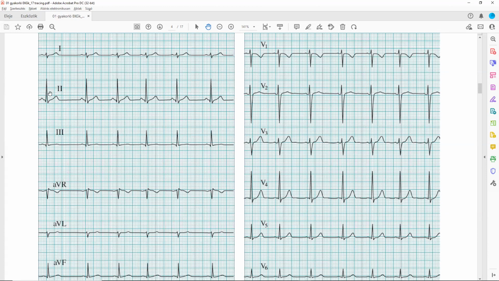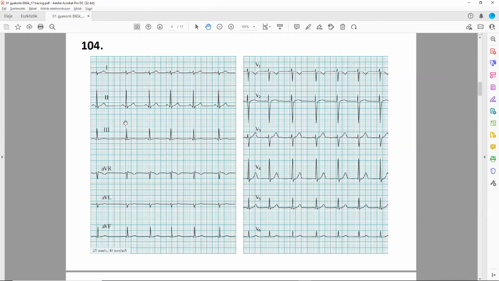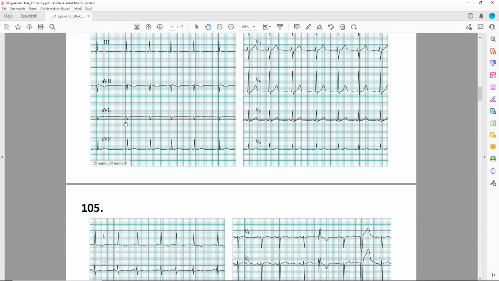This is called sinus arrhythmia, or respiratory arrhythmia. Clear? So this is still a sinus impulse formation abnormality, and that's a sinus arrhythmia.